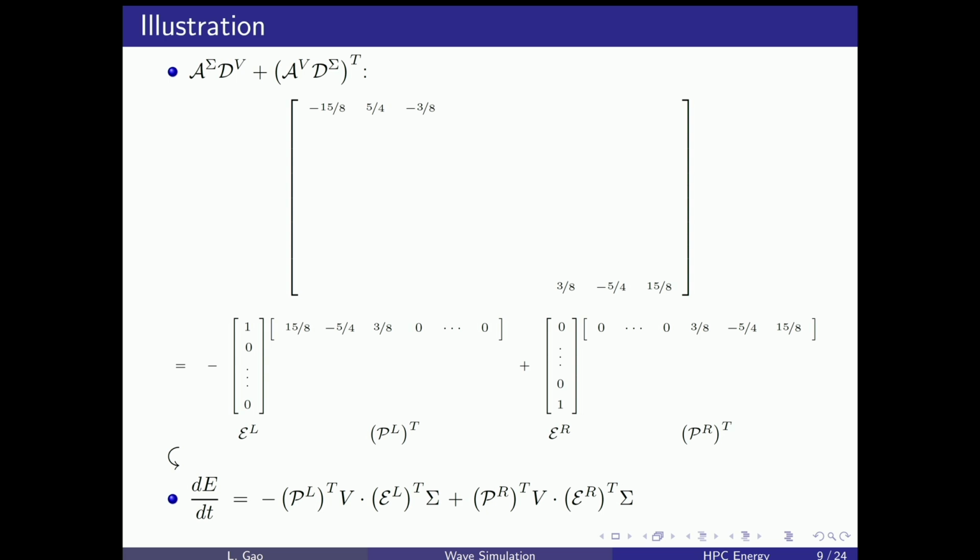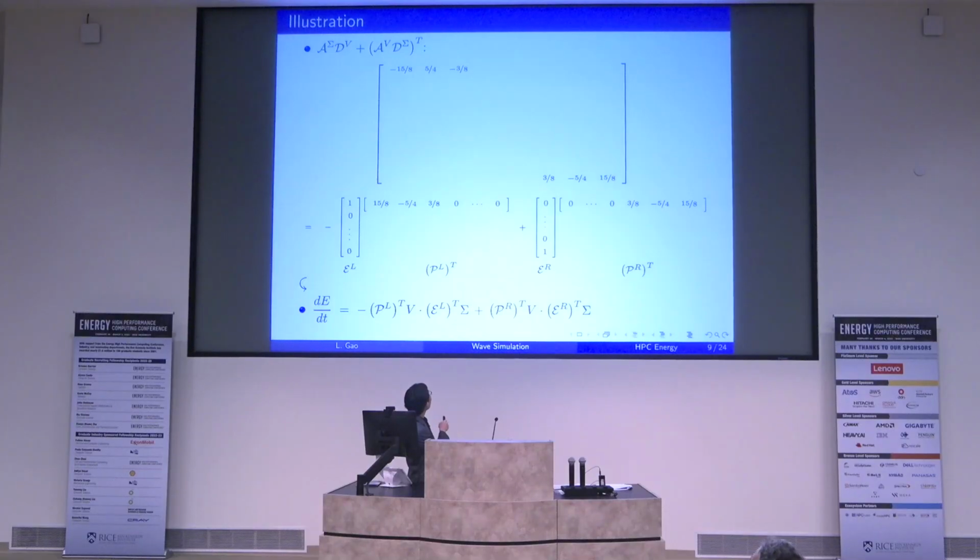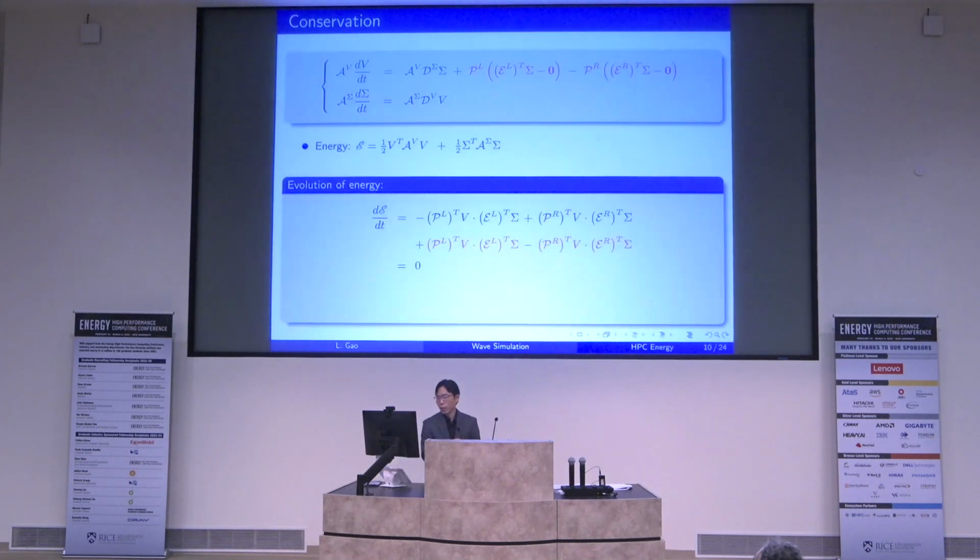And with that choice, which, by the way, is by no means unique, there are many, many solutions out there, you can reduce everything to the boundary. Here, this operator, I would call it a projection operator, is a little bit more complicated than the column vector. This is because we're using a staggered grid. So your solution variable is actually not on the boundary. You have to project it over there. If you're not using a staggered grid, things can be a little bit simpler.